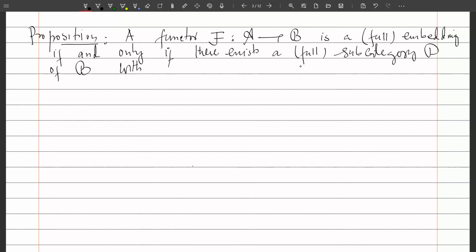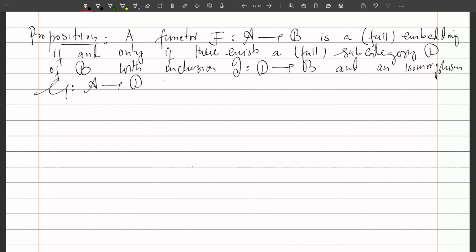So here the inclusion is, say, I from D to B. So this I is actually a functor, and an isomorphism, say G from category A to D, with F equal to I composite G.